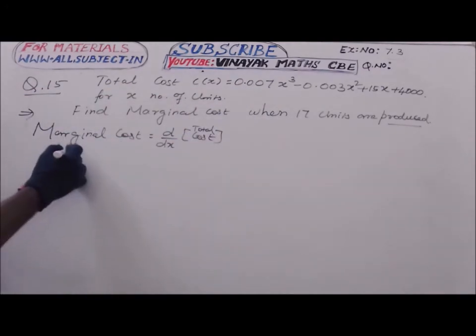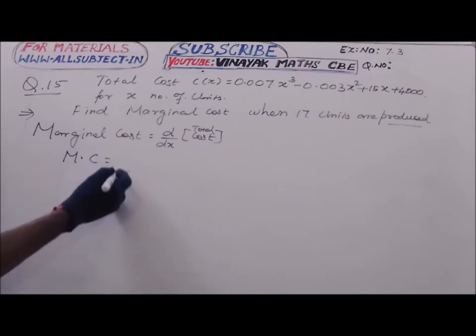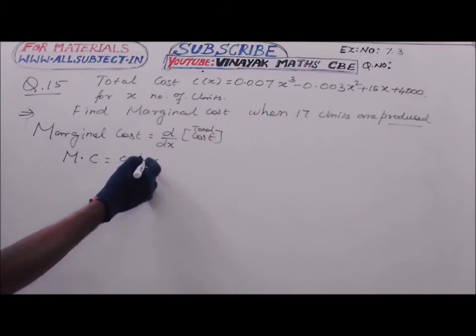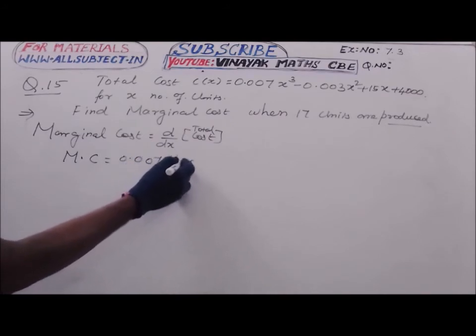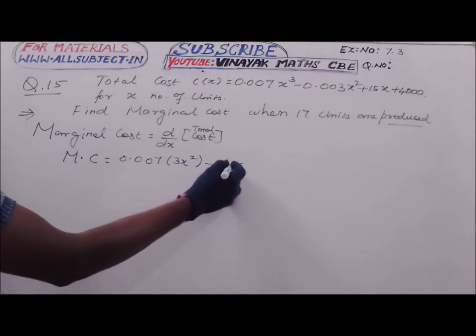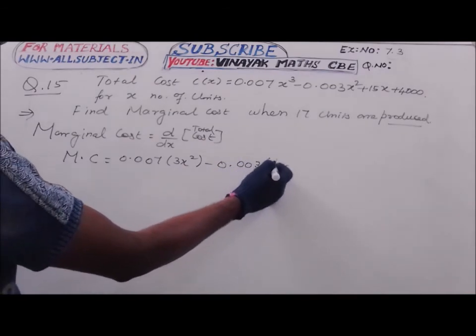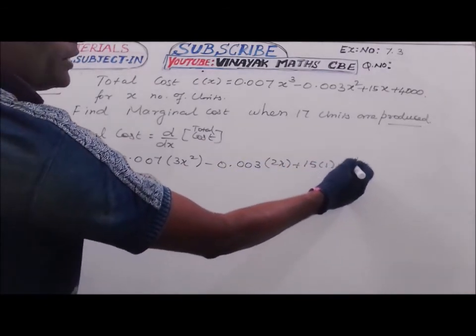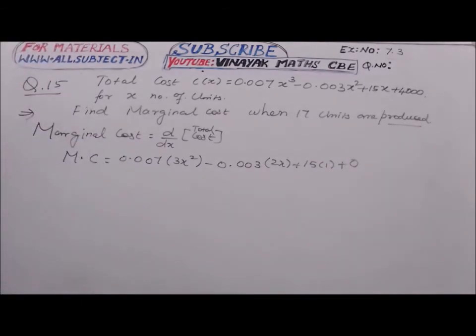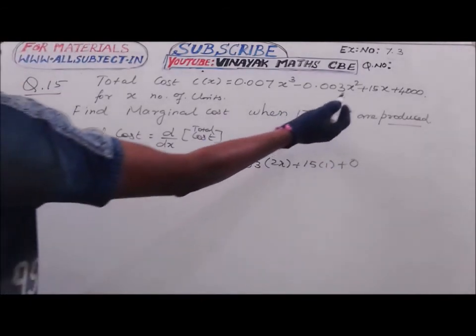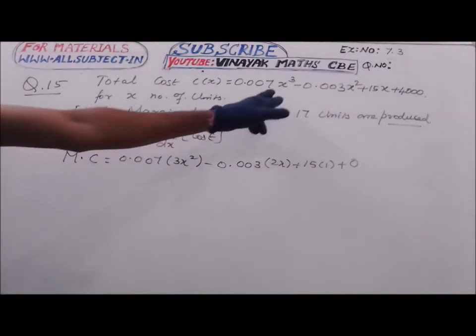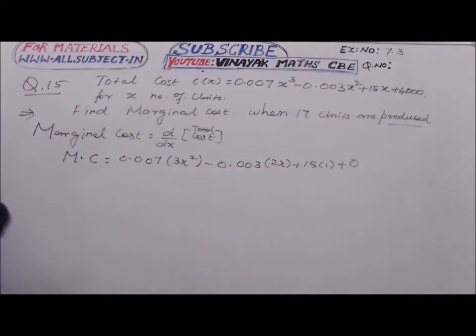So marginal cost, written as MC, is equal to the derivative of C of x: 0.07 into 3x square minus 0.03 into 2x plus 15 into 1 plus derivative of constant 0. The differentiation is with respect to x, because cost is a function of x, x is number of units.